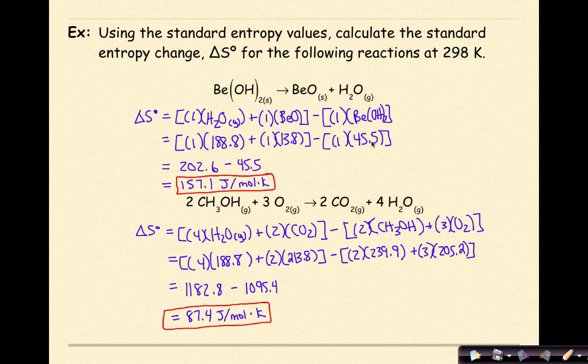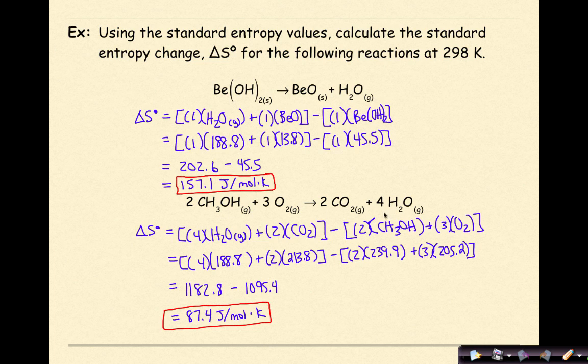I do the same thing for my reactant, which is 45.5. I take the difference, and the overall delta S here is 157.1 joules per mole Kelvin, which means this has a change in entropy that is positive. So the reaction becomes more random as it proceeds, which makes sense if I look at my overall reaction above, as we are going from one reactant to more than one product.